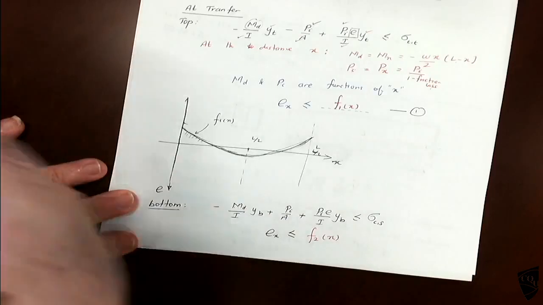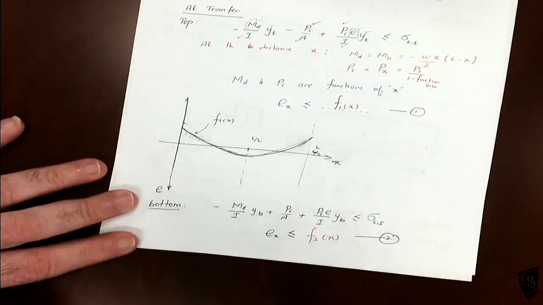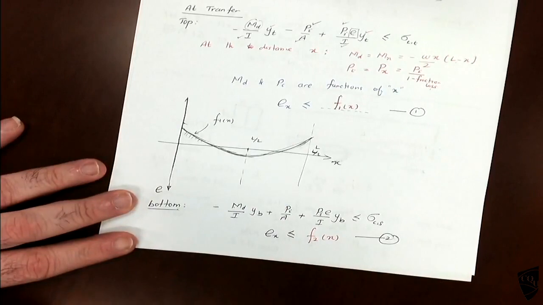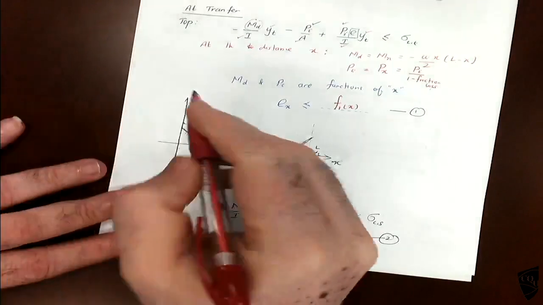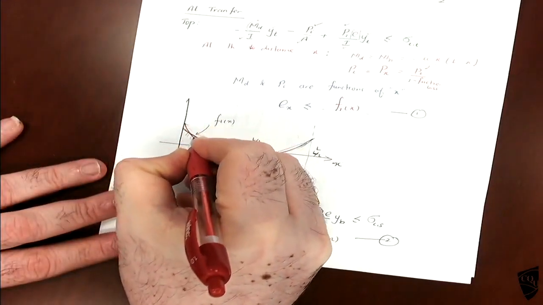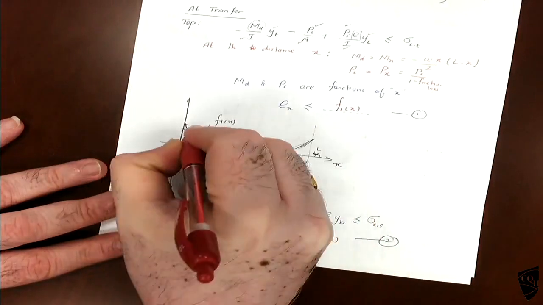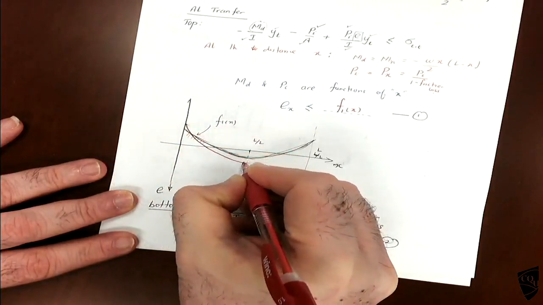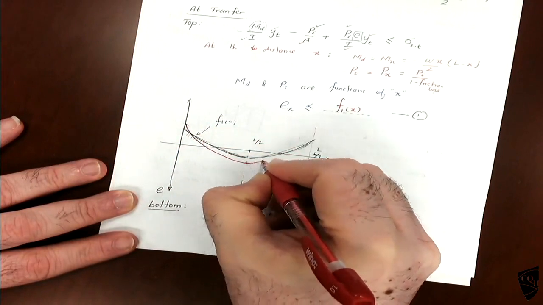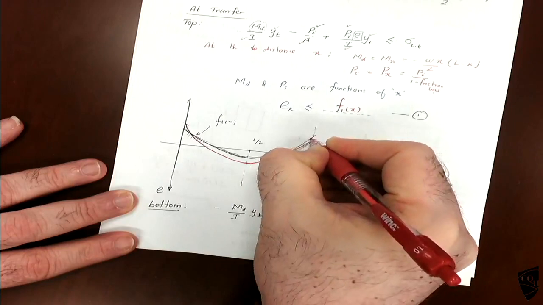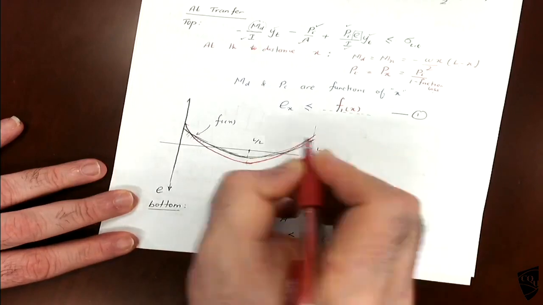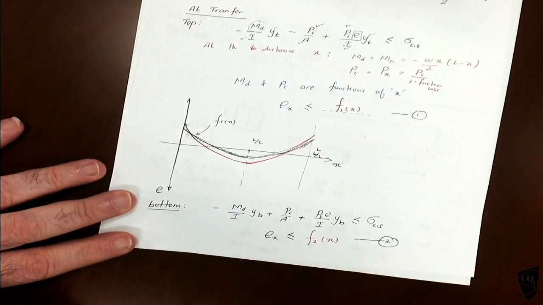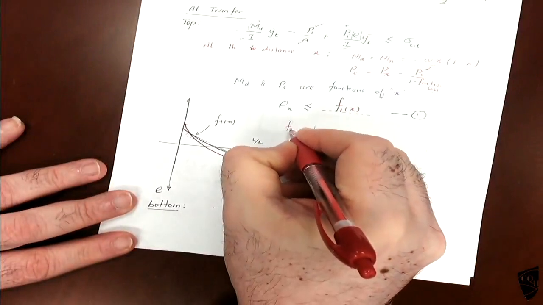That is the second one. So you will get another line, something like this. This is for f2.